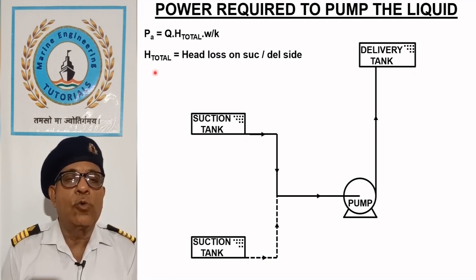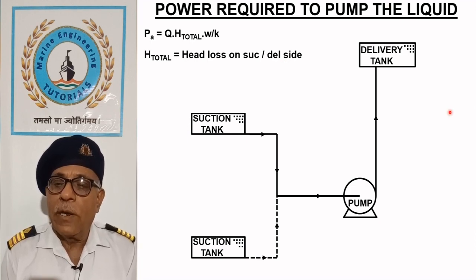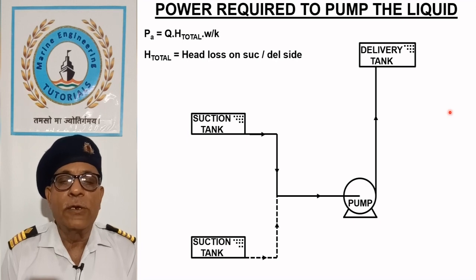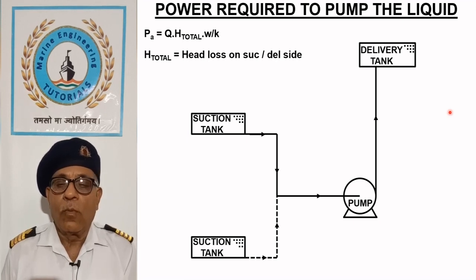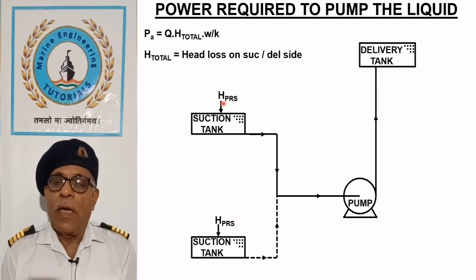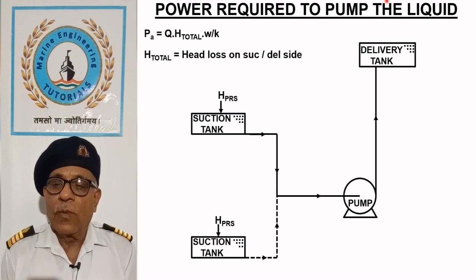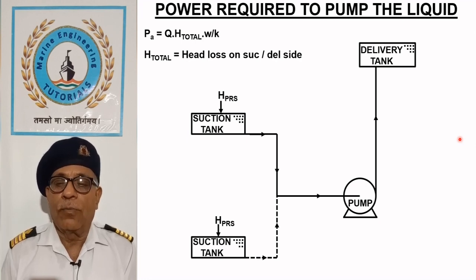H total is equal to head loss on suction and delivery side and can be determined from the pumping system. HPRS is equal to pressure head acting on the liquid surface at the suction. In the absence of the tank pressure, atmospheric pressure pushes the liquid to reach the pump suction.